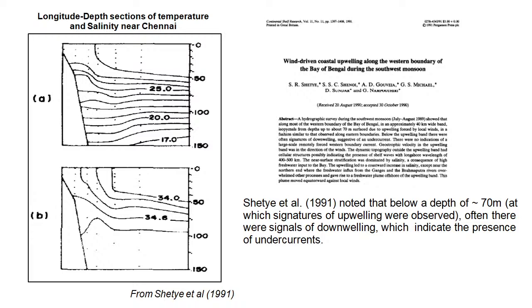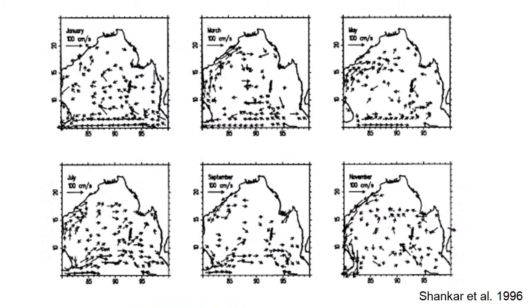There were a lot of studies on these coastal currents, both on the east and west coast. We focus here on the eastern part only. Later, in 1996, Shankar, again from the National Institute of Oceanography, gave a better picture of the coastal circulation, or Bay of Bengal circulation for that matter.